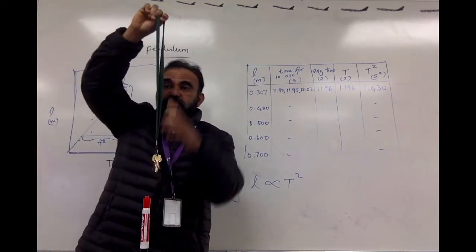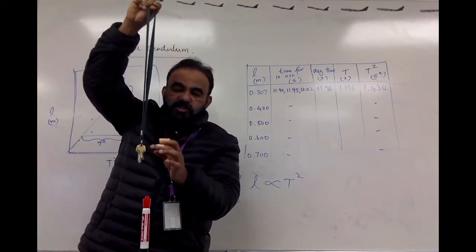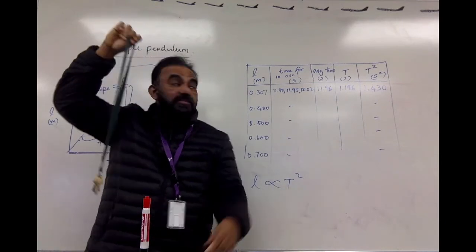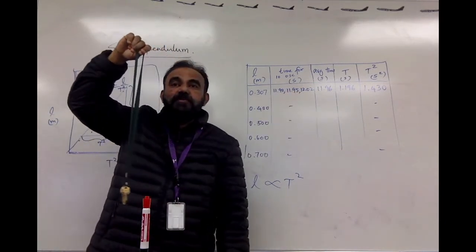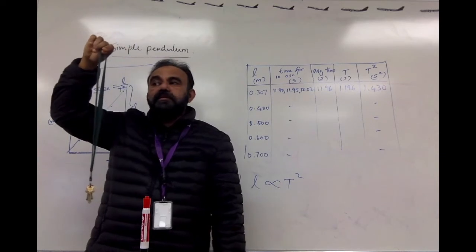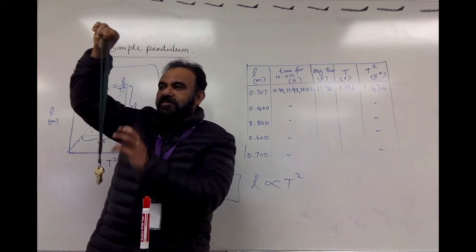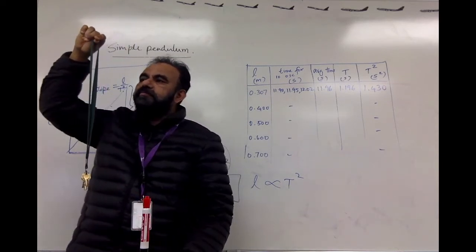Next precaution is make sure you measure the length from the point of suspension to the center of gravity. And next one is make sure the timing is done as promptly as possible. How do we find the center of gravity? Because it's a sphere, it'll be the center of the sphere.